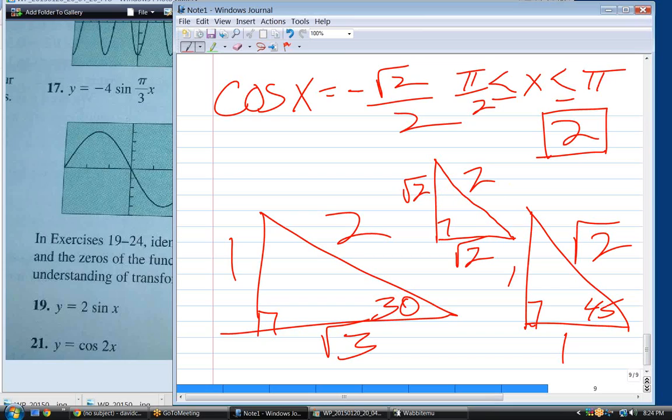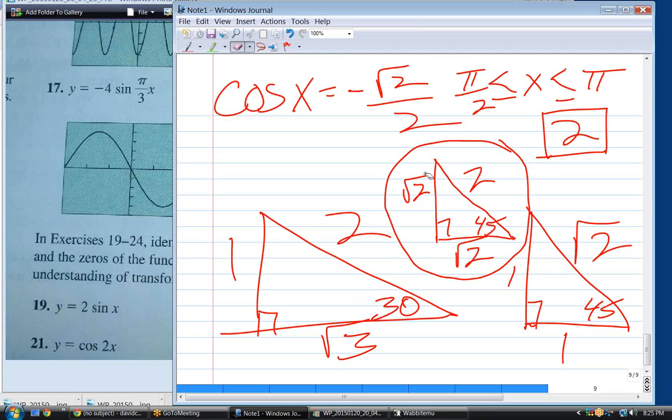And the only reason they do that is because it keeps you from having to rationalize it, at least for sine and cosine. In other words, had I given you that as the basic triangle, which angle is the cosine equal to square root of 2 over 2? 45. Right.